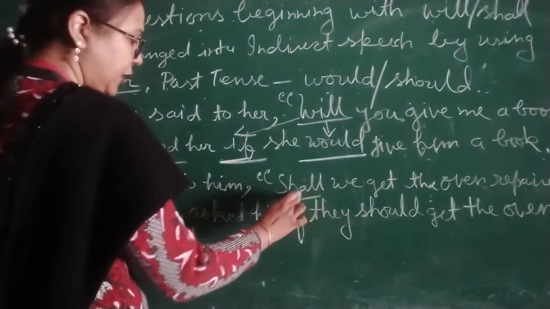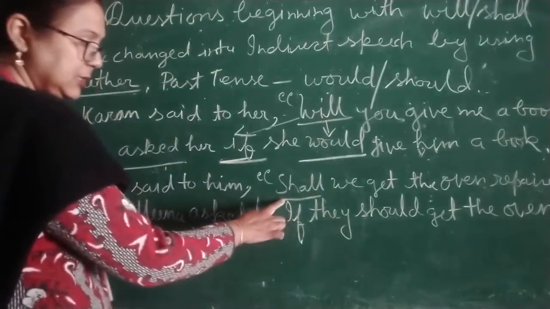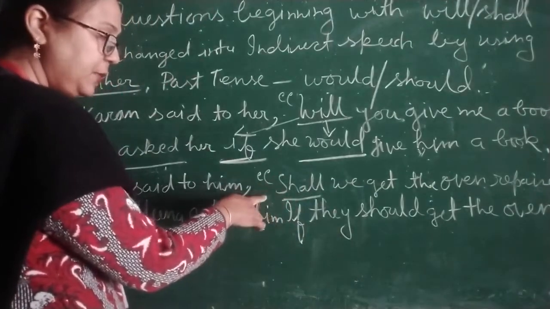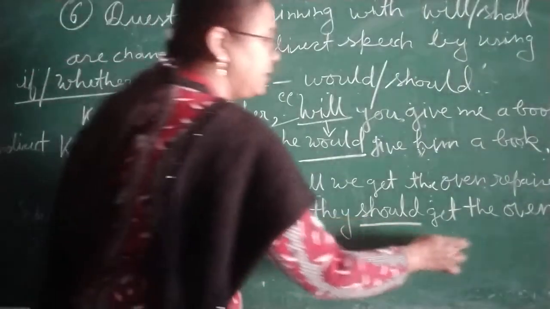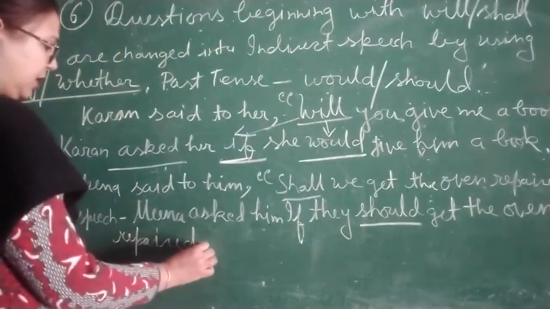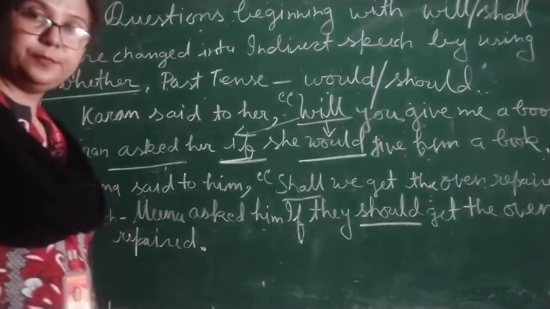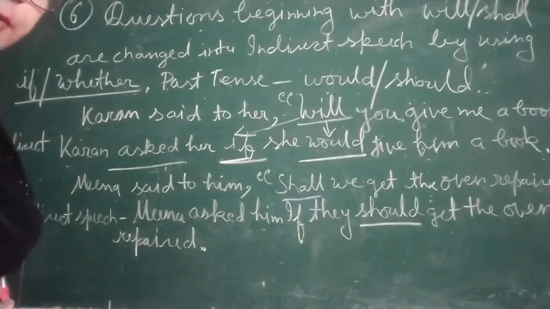In place of shall we have used if, and because this is in simple future tense, we have to write in the past tense. So they should get the oven repaired, and after that we have already used full stop. Okay children? So this rule we have discussed.